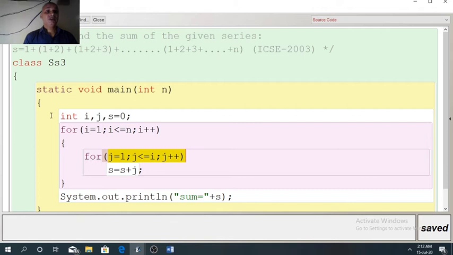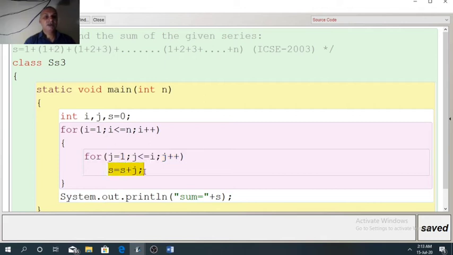So when i equal to 1, that is the first term of the series, j will run how many times? Starting from 1 going up to i. It means 1 to 1. So the j loop will run only one time and the value of j is 1.